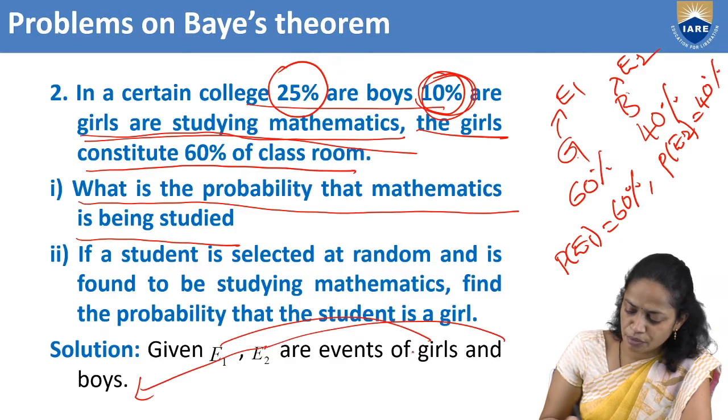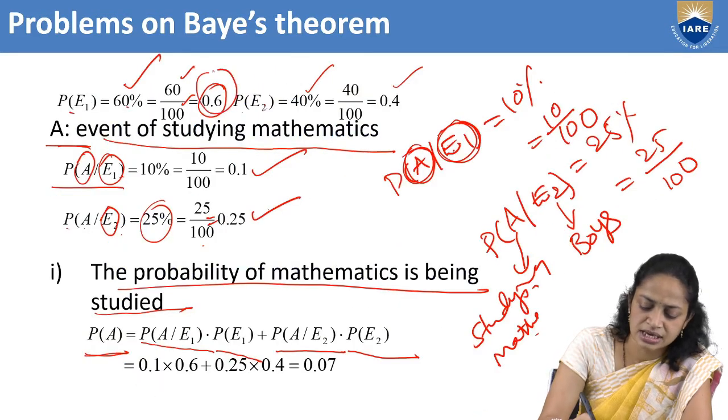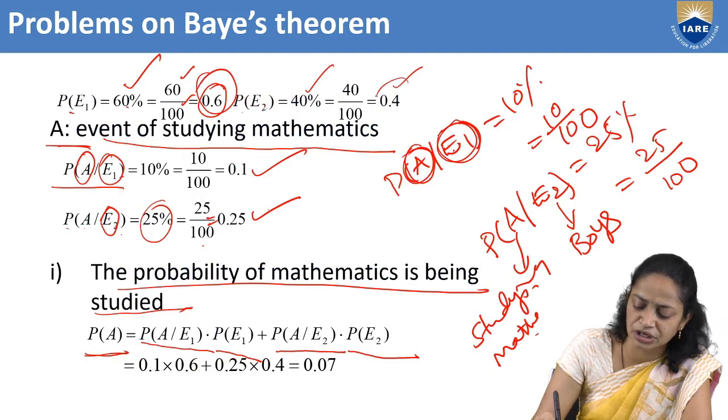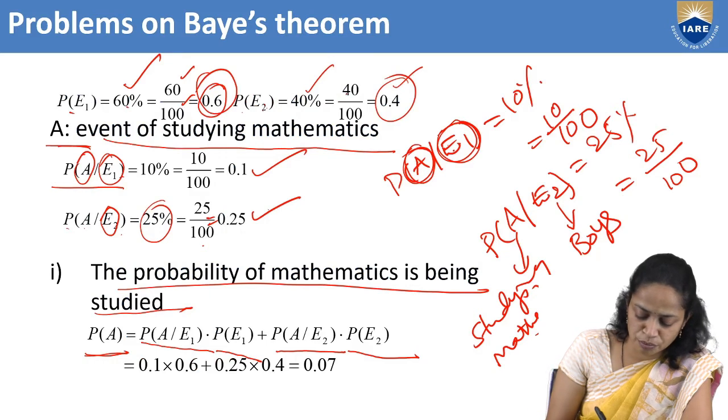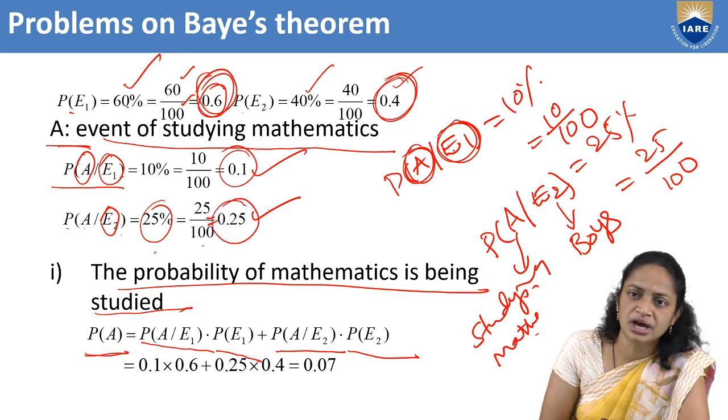Already we know that probability of E1 is 0.6 and probability of E2 is 0.4. Probability of A given E1 is 0.1 and probability of A given E2 is 0.25.